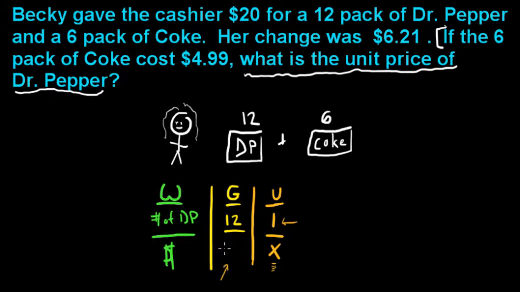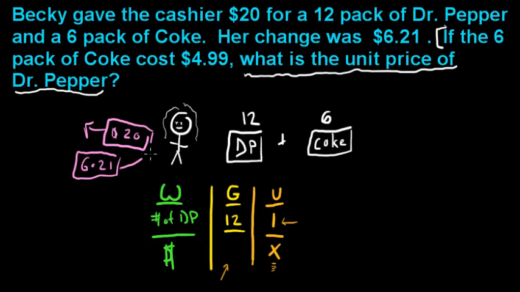Okay, and so let's come back over to the problem now. Here's Becky, and she's paying $20. Okay, so Becky's got this $20 that she's paying. And the cashier gives her back some change, $6.21 in change, which goes back into her pocket.